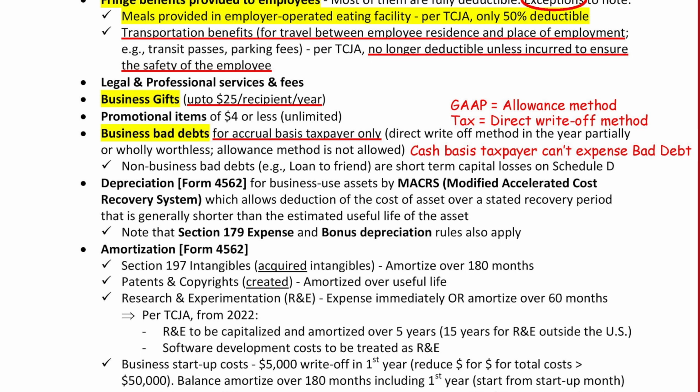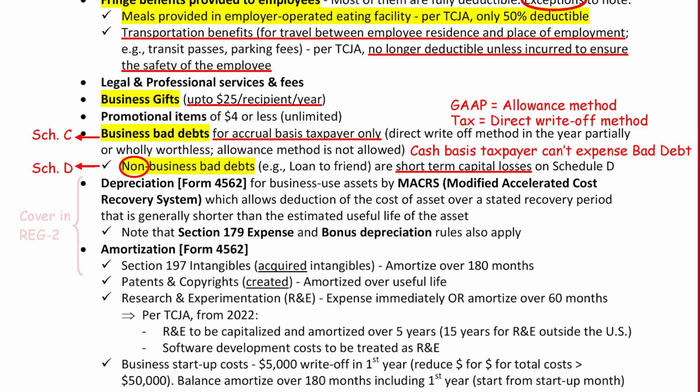Now, in case of any non-business bad debts, for example, a loan to a friend which the friend did not return back, these are short-term capital losses which go on to Schedule D. So, business bad debts are expense items on Schedule C, whereas non-business bad debts go to Schedule D. And then businesses have expense for depreciation and amortization.